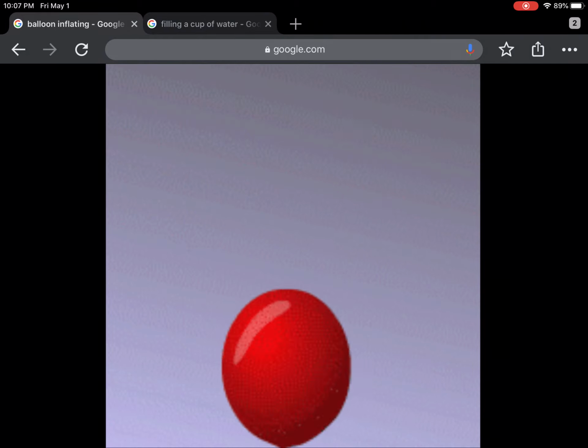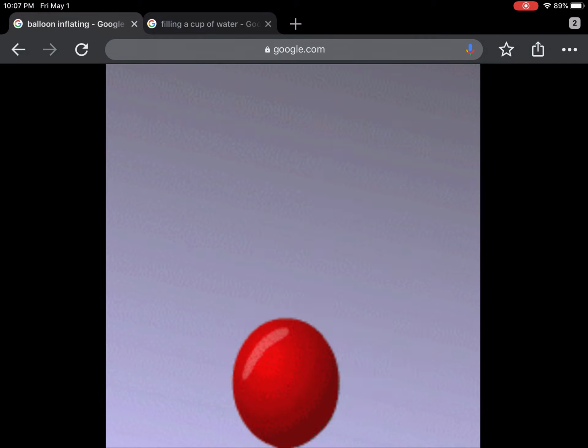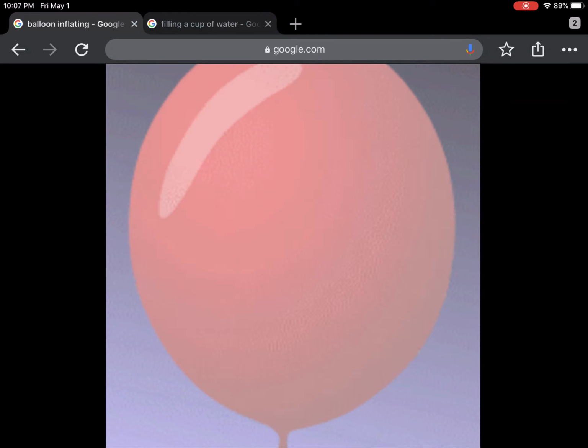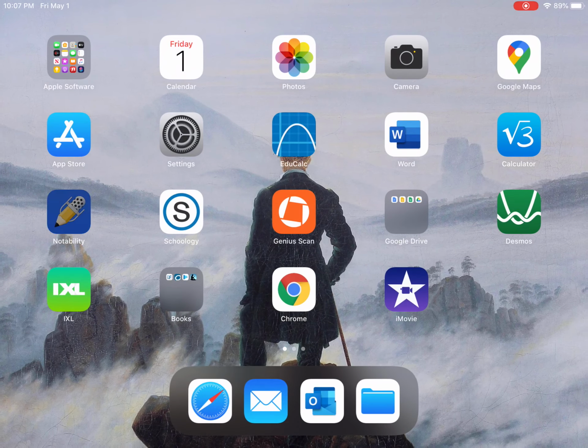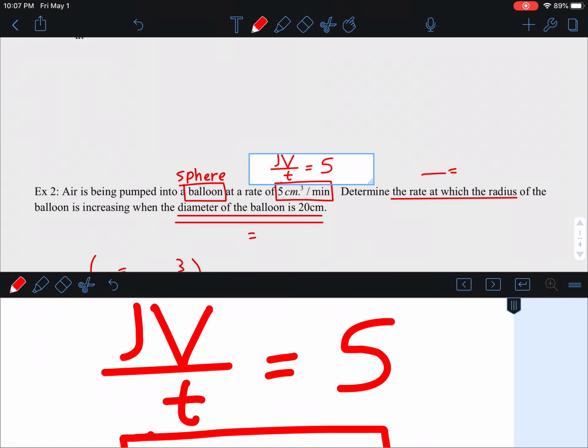Once the balloon is almost at its maximum size, the rate at which the volume changes gets smaller. So I'm not just going to call this V over T, this is dV over dt. This makes sense because think about what a derivative is. A derivative is measuring an instantaneous rate of change, and that's exactly what we're talking about here.